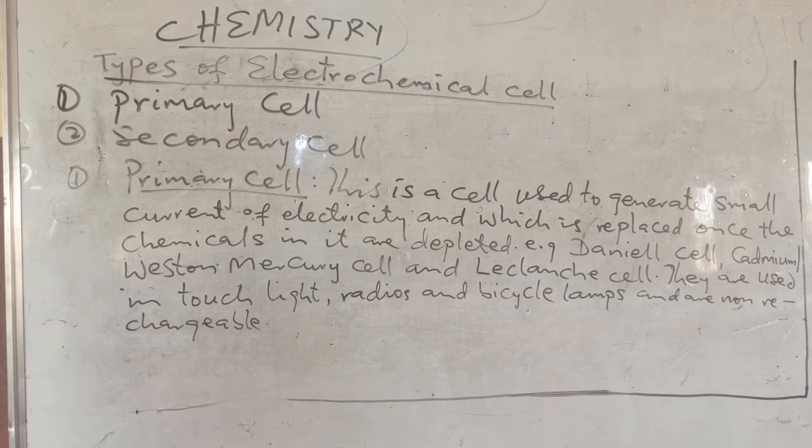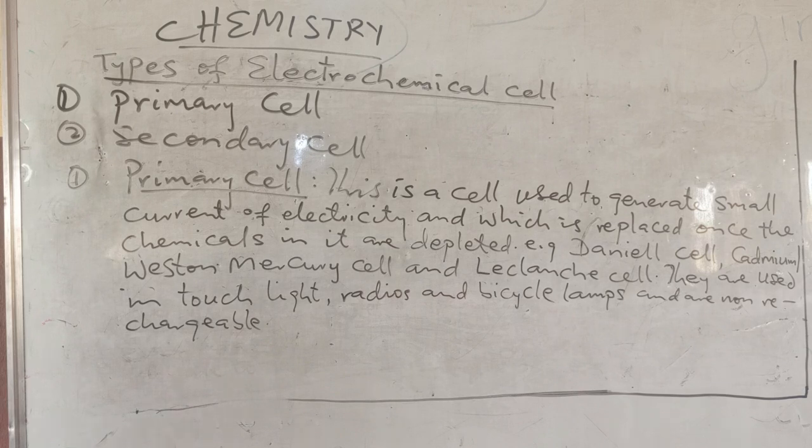This is a cell used to generate a small current of electricity, and it is replaced once the chemicals in it are depleted, e.g. Daniell cell, cadmium Weston cell, mercury cell, and Leclanche cell.